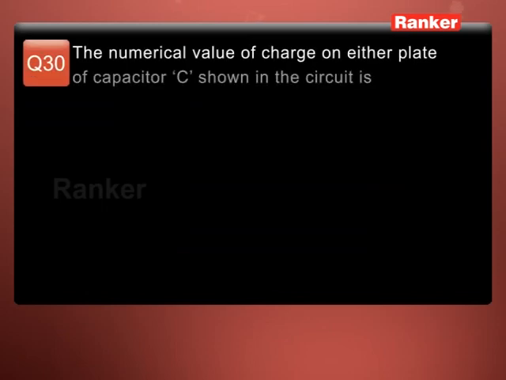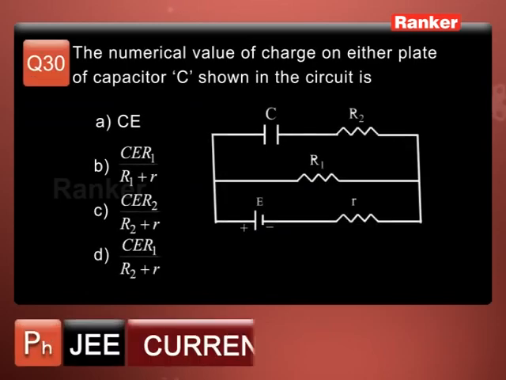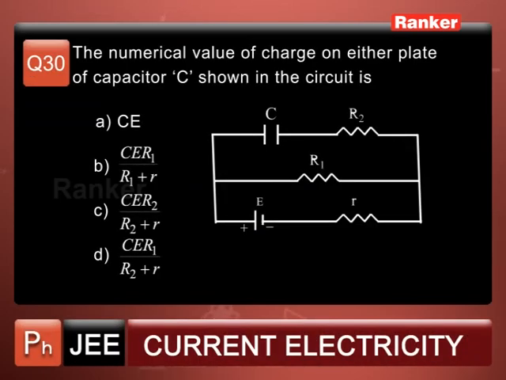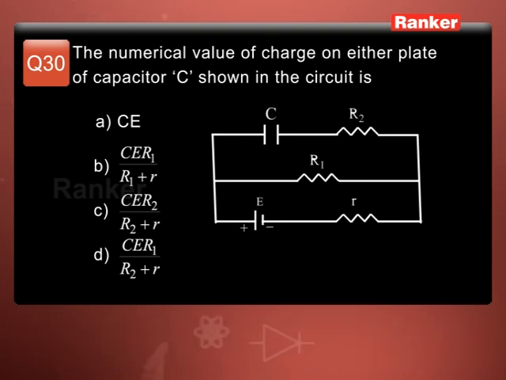Check the problem number 30. This is a circuital problem once again. The numerical value of charge on either plate of the capacitor C shown in the circuit is how much? He is giving 4 options once again. CE is the first option. CE R1 by (R1 plus small r) the second option.